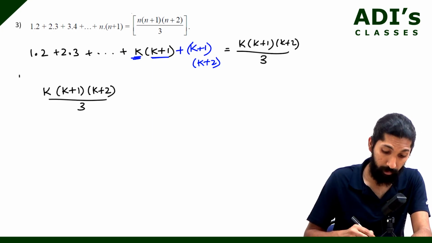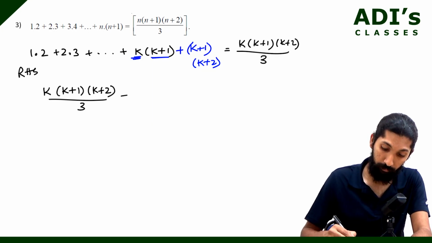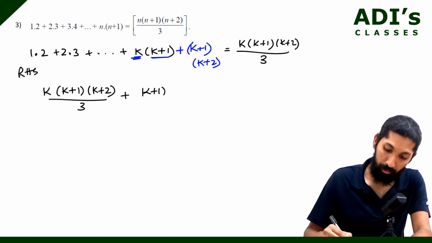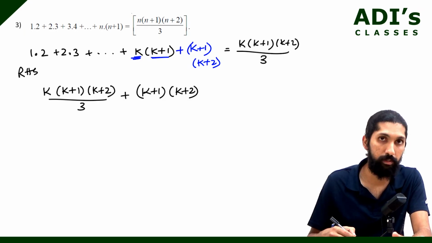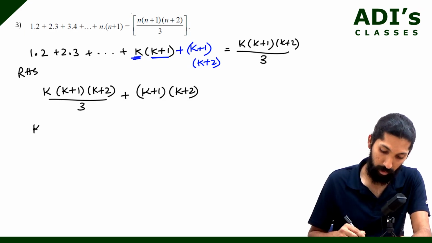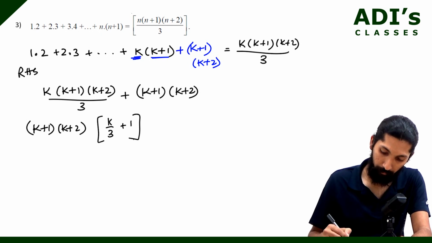So what we are doing is we take k into k plus 1 into k plus 2 by 3. Remember, we are always talking about the RHS. To this, we add k plus 1 into k plus 2. Take common, just like the previous sum, no difference. So we'll have k plus 1 into k plus 2 into k by 3 plus 1.